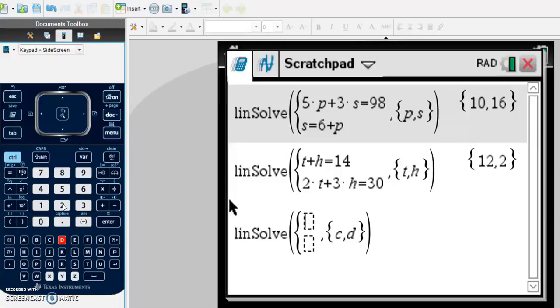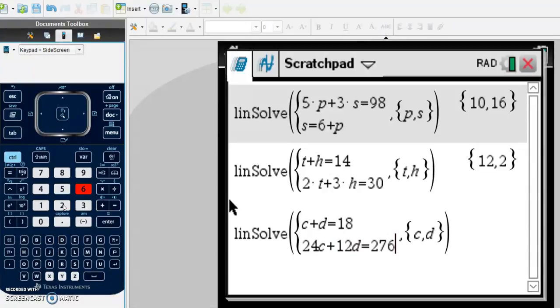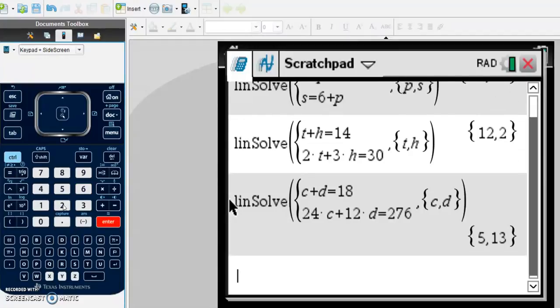So we are going to type in C plus D equals 18 for the first equation. And the next equation would be 24C plus 12D equals 276. Make sure I've typed that in correctly. That looks good.